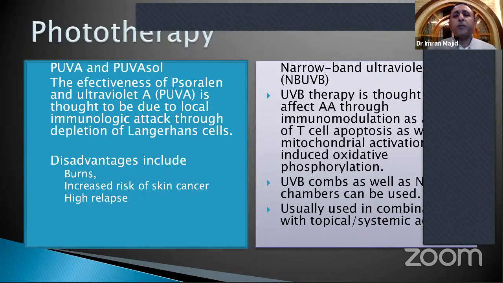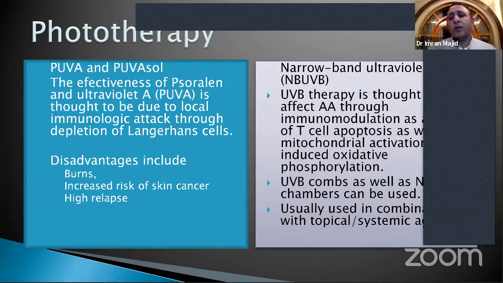Phototherapy is also used in alopecia areata, and we can use PUVA and PUVAsol. The effectiveness of PUVA and PUVAsol is thought to be due to local immunological attack through depletion of Langerhans cells. Disadvantages of PUVA and PUVAsol include burns, increased risk of skin cancer, and high relapse rate.